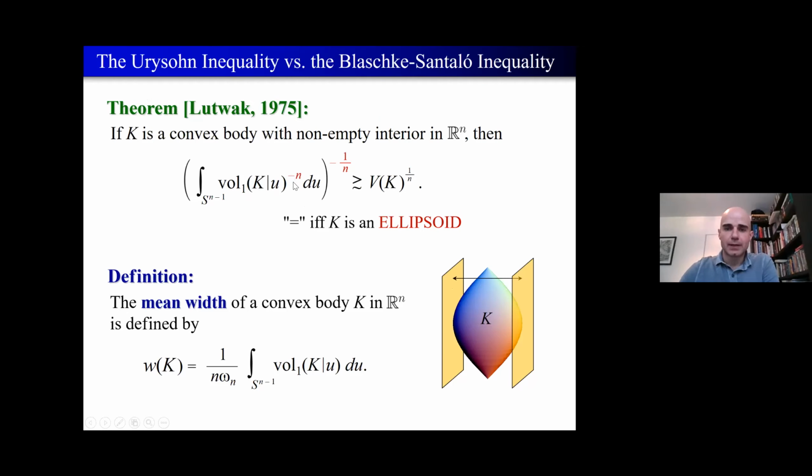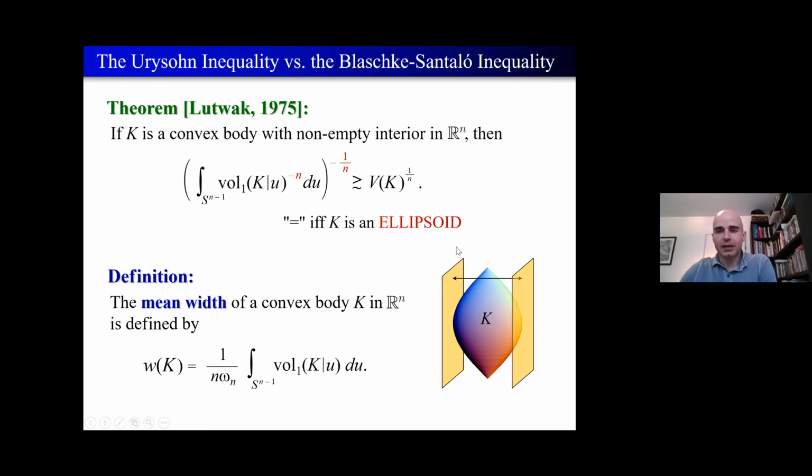So if you just follow along, you see the only thing we changed here was that we replaced the 1 here by a minus n and the 1 outside by a minus 1 over n. And then by Hölder's inequality, this quantity will be bigger than the mean width, which means this inequality implies the Urysohn inequality.